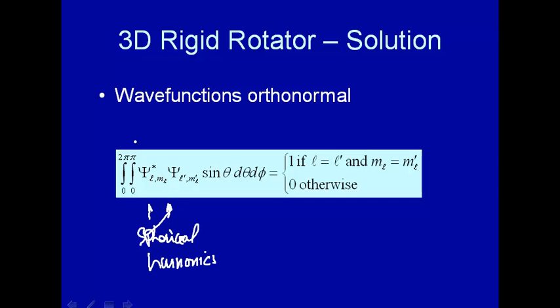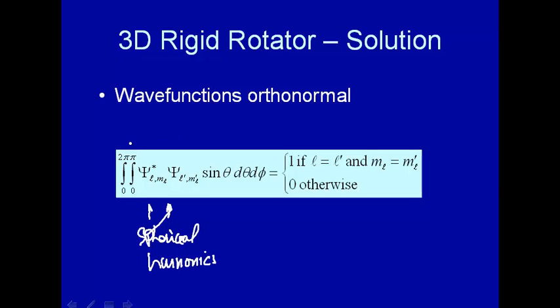So you can show that if you integrate over all space, and we have to have a sine theta d theta because we transformed from dx, dy and dz into r, theta and phi, the wave functions you obtain, these spherical harmonics, are orthonormal.